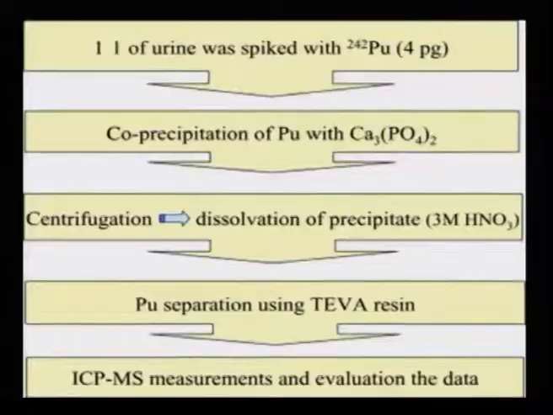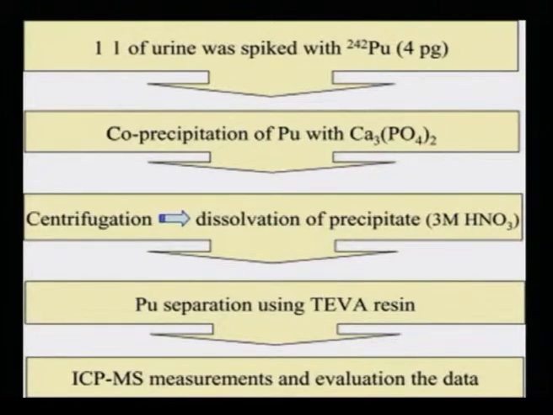So, how was it done? See, only 4 picogram of 242Pu was present and it was spiked into the urine. Co-precipitation of Pu with calcium phosphate was done, then centrifugation, and dissolution of the precipitate in 3 molar nitric acid was carried out.